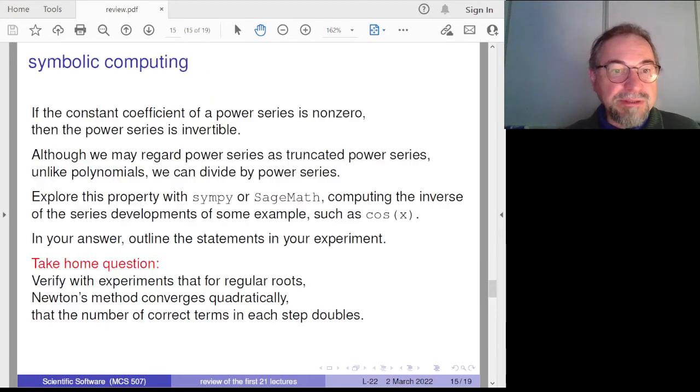Okay, then the symbolic computing version. Working with power series is a hybrid between symbolic exact computing. It's in some sense still computing with symbols, and in a way you still work exact, and also numerical approximate computation.